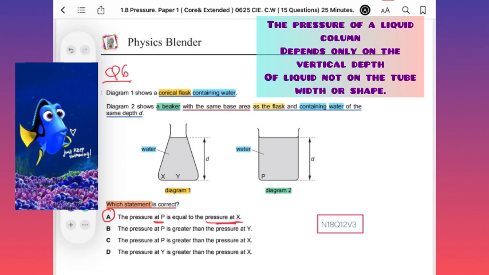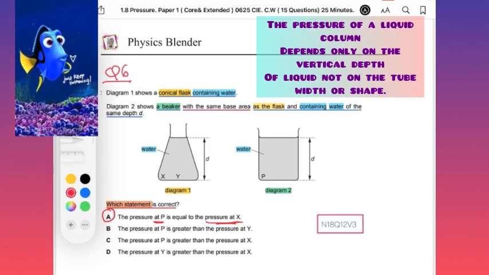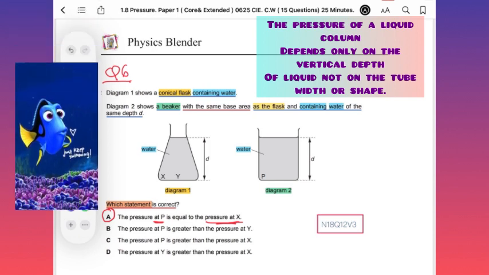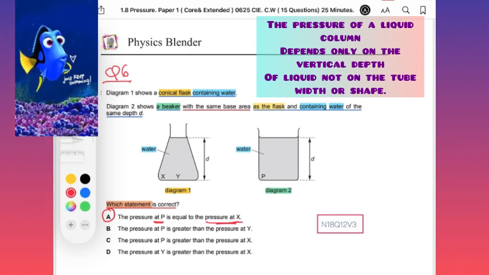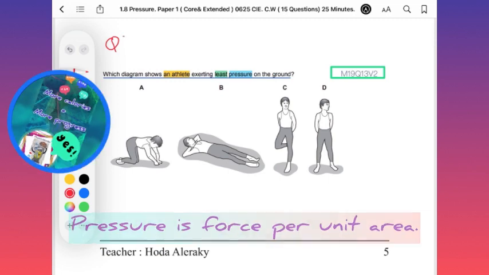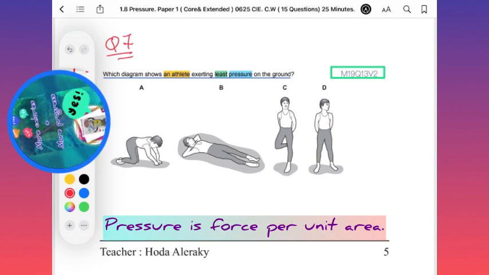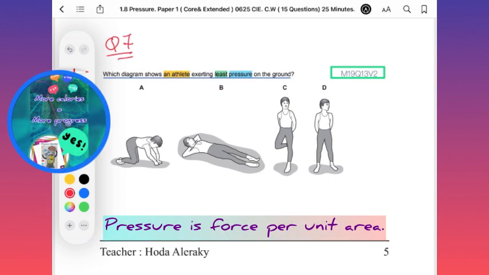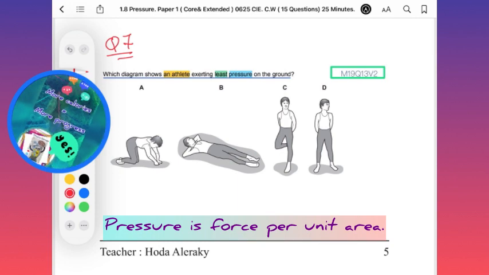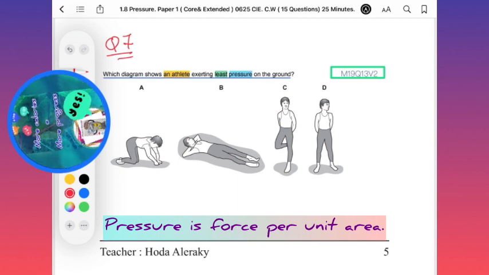Changing the shape of the container, it's not a factor if you are comparing pressure of liquid. Is it clear?